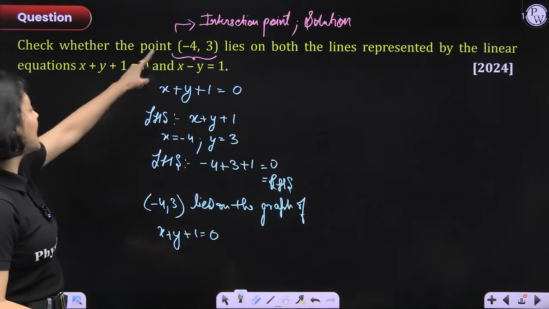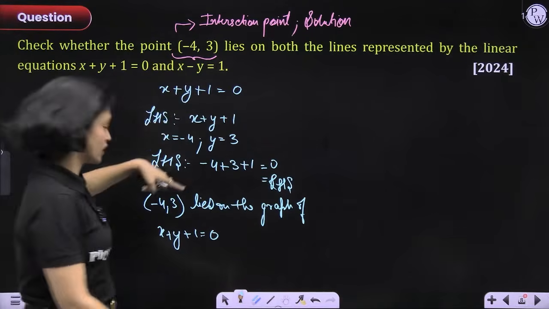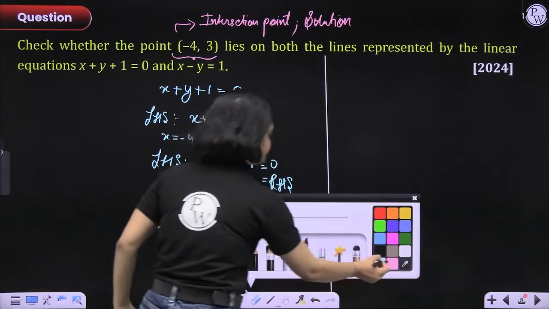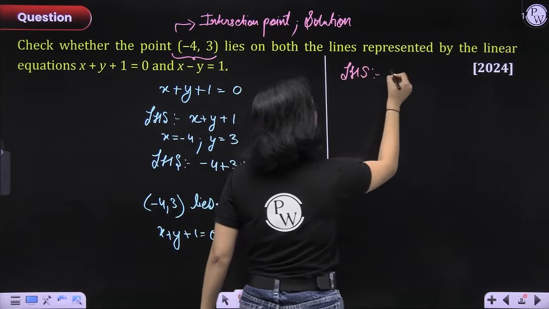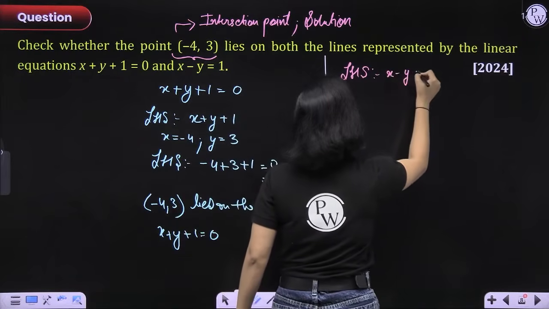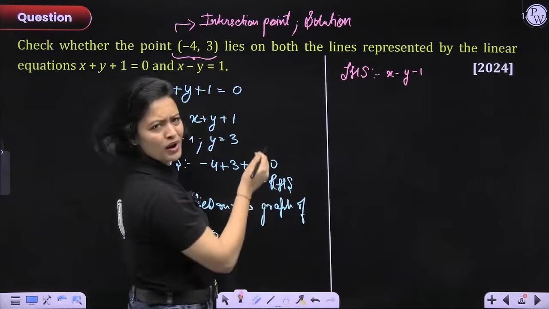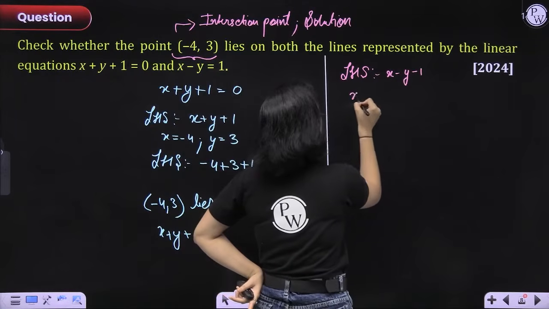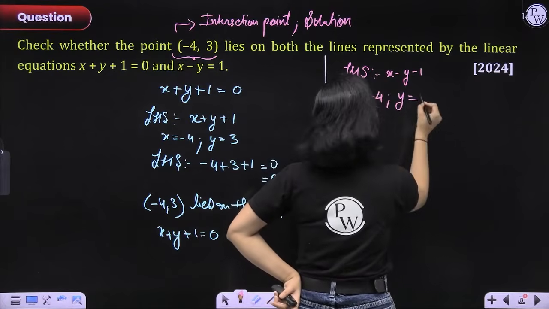But does it lie on the second graph as well or not? Okay, so let's check. Now again, I will take the LHS, everyone. What is the LHS for the second equation? x minus y minus 1. Yes, I just put 1 on the left hand side. So put x equal to negative 4, guys, and y equal to 3, right?